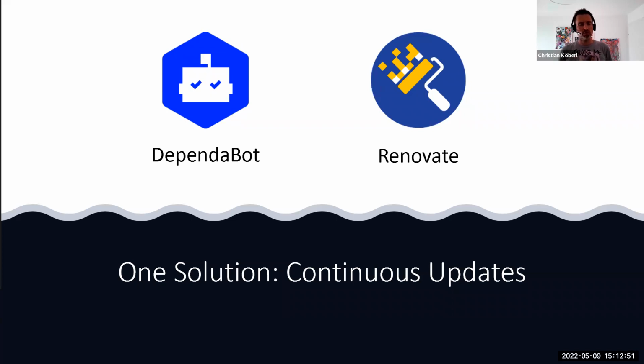Renovate is its own tool, so you can run it. It's also open source, which is especially interesting for the Open Security Summit. You can run it on your own laptop. You can run it on your own servers. But there is also a cloud version for that, which works with GitLab and GitHub. I think most people are using it with GitHub.